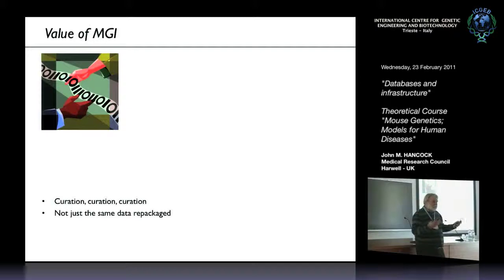There is a field of bioinformatics called text mining, which takes text, tries to extract knowledge from it, and present it back to people. But that's a very difficult problem because it requires computers to understand what's known as natural language, in other words, what people write, and that's actually very hard. Brains are pretty sophisticated things, and it's not easy for computers to understand what people write.